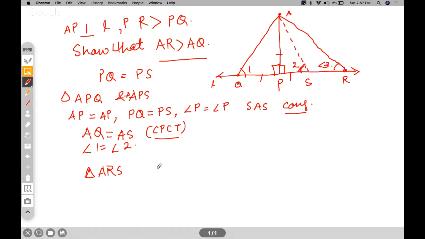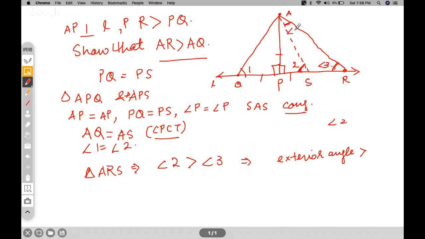so try to understand, in triangle ARS, angle 2 would be greater than angle 3 because the exterior angle is greater than the interior opposite angle.